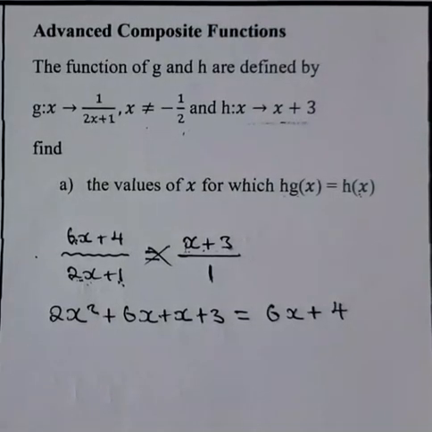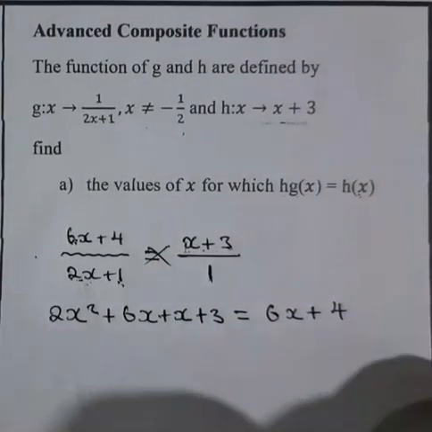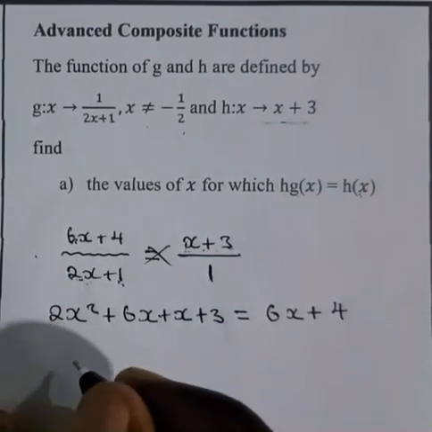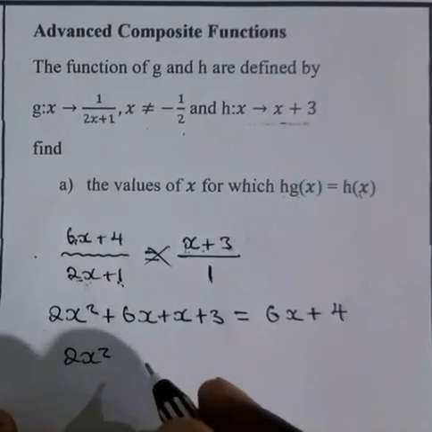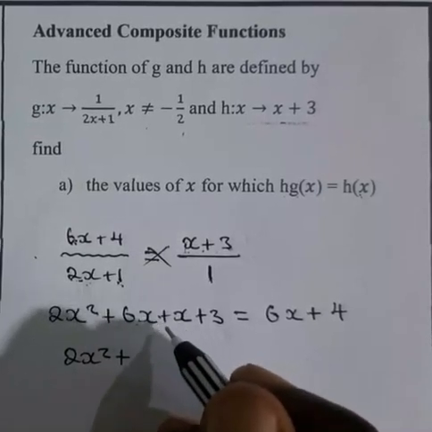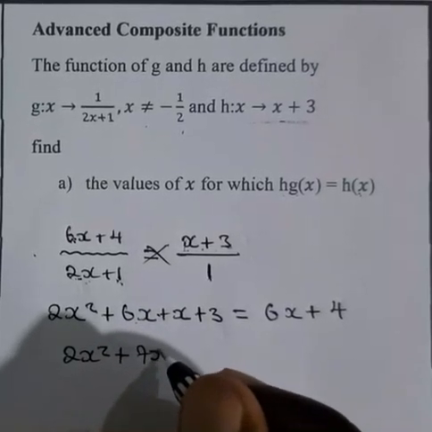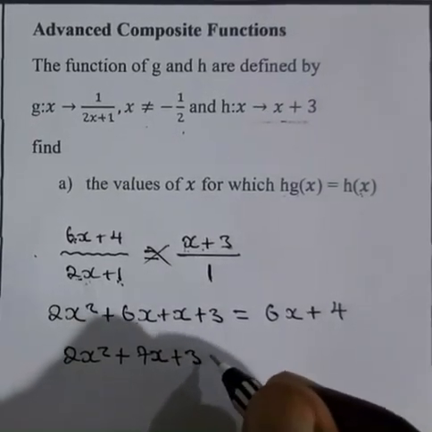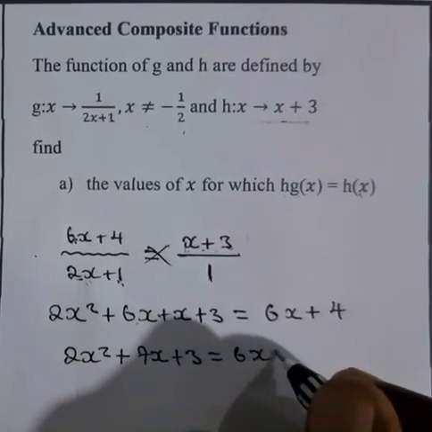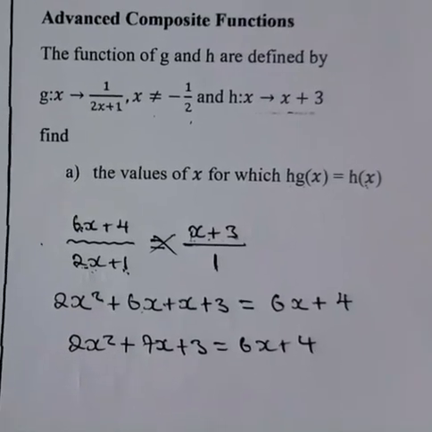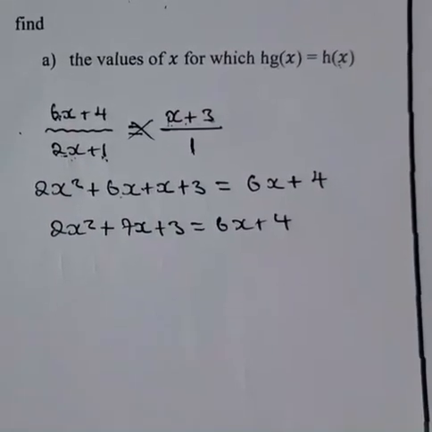Good. What next? Let us just simplify these. It looks complicated, isn't it? So this part we have 2x squared plus 6x plus x, that is 7x, plus 3 is equal to 6x plus 4. Then from there we are going to collect the like terms.